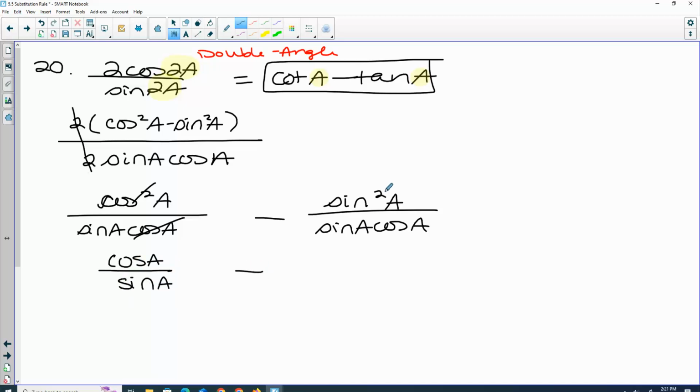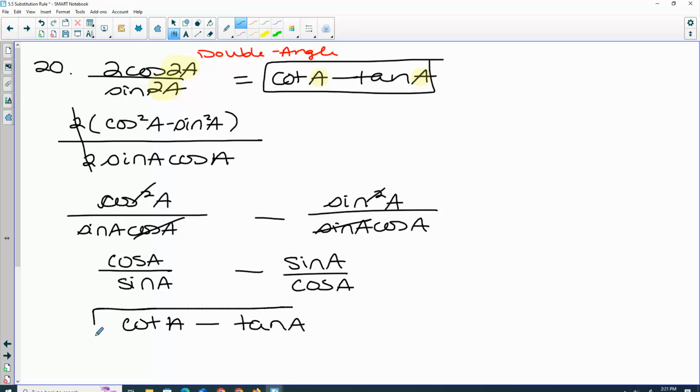This one we can drop out a sine, which leaves us with sine over cosine. Cosine over sine is cotangent, sine over cosine is tangent. So look at your formulas. And then my goal, I had different things added and subtracted, so I broke that fraction apart. All right. Is that one okay?